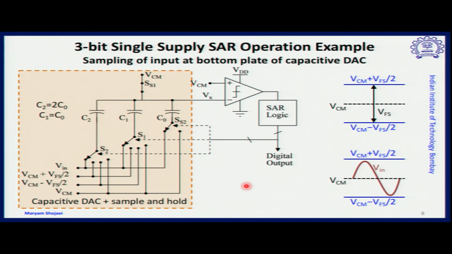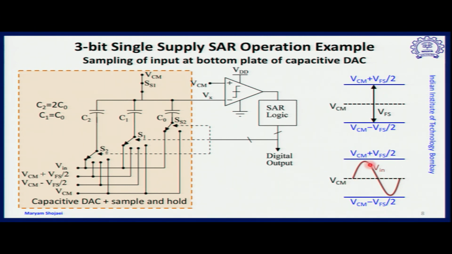First of all, when we are dealing with a single supply system, the comparator, which is one of the important parts of this SAR ADC, is also single supply. Therefore, as you notice, it has a supply of VDD and VSS is the 0 level. Since we have a common mode level, we should see how the input voltage and reference levels are defined with respect to it.